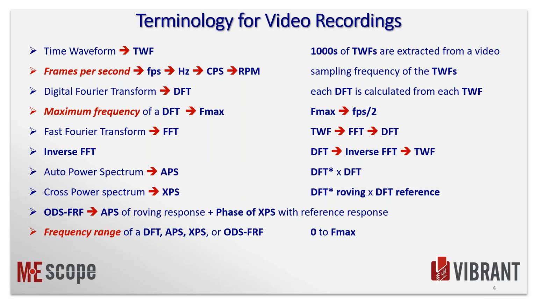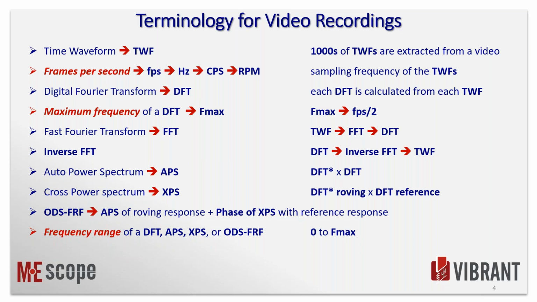What gets extracted from a video are what we call time waveforms, so TWFs. I'm going to use that term a lot. And we will get thousands of them. An example I'll show you here in a minute. We get about 1,000 TWFs off of a 15, well, multiply 15 times 60.